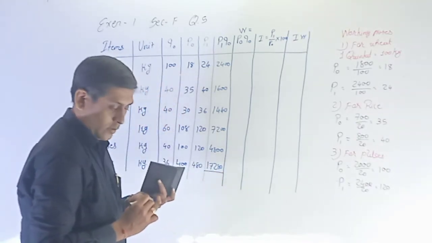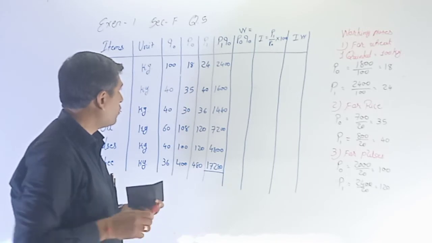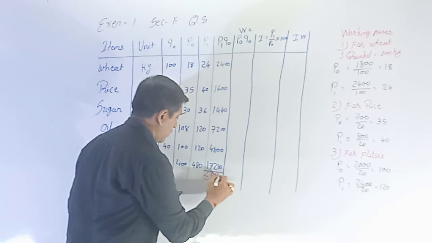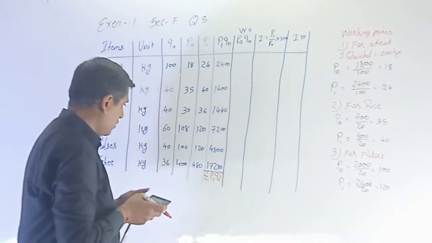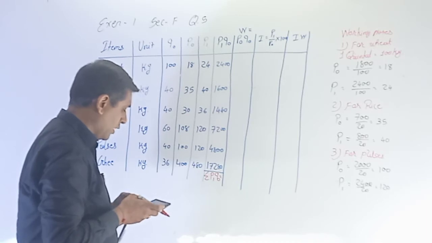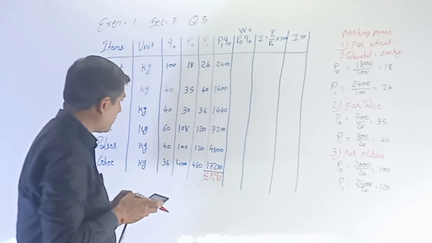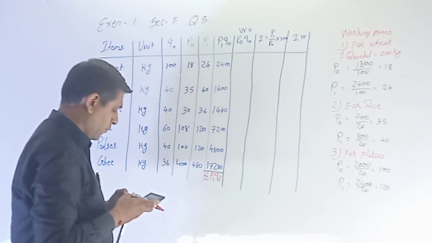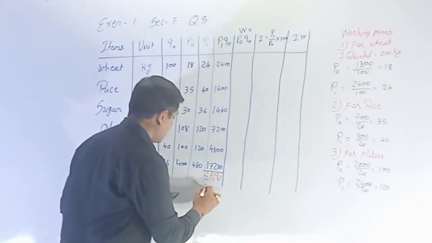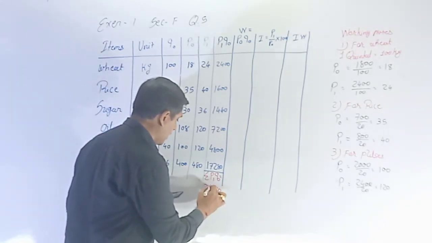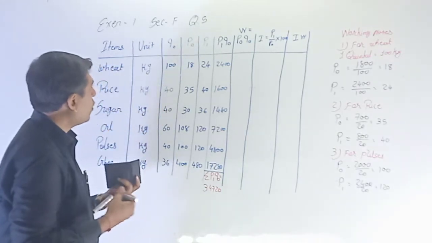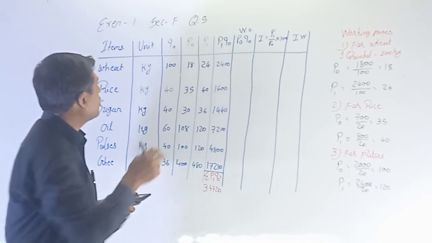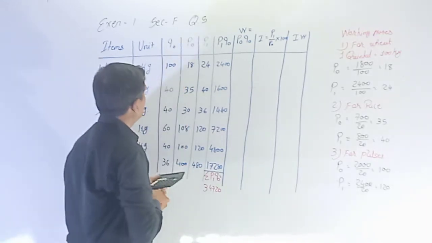So your total sigma P1 Q0 is equal to 17,280 plus 4,800 plus 7,200 plus 1440 plus 1600 plus 2400. So your total is 34,720, right?